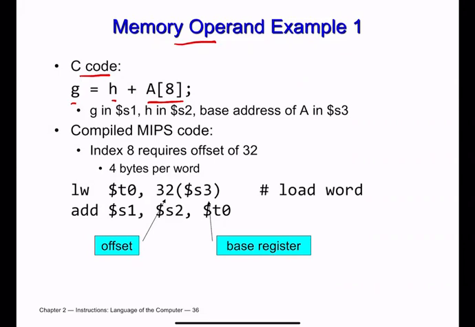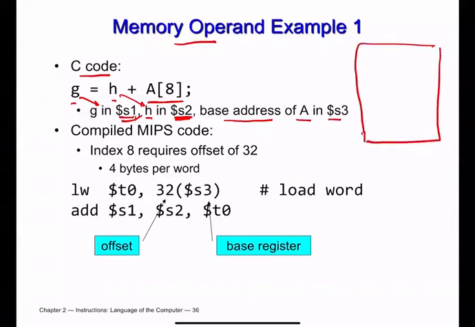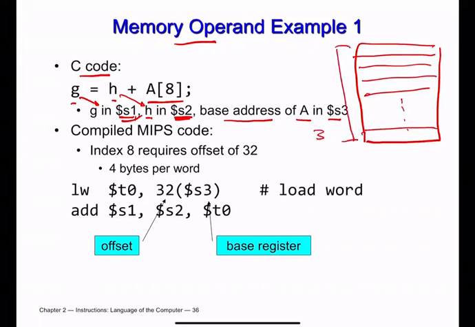Because of that, we are giving you that this G is saved in a location inside the register called S1. This H is saved inside a location in my register that is called S2. And also the base address of A is in S3. So I have here a register. This register has 32 rows, and the width of each is 32 bits.